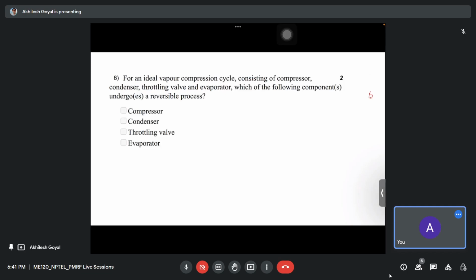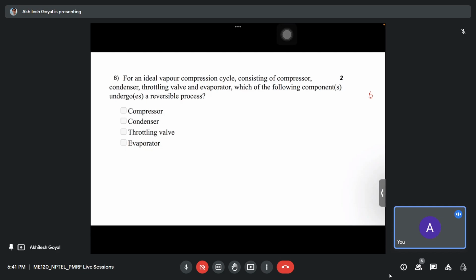So for an ideal vapor compression cycle consisting of compressor, condenser, throttling valve, and evaporator, which of the following components undergo a reversible process?